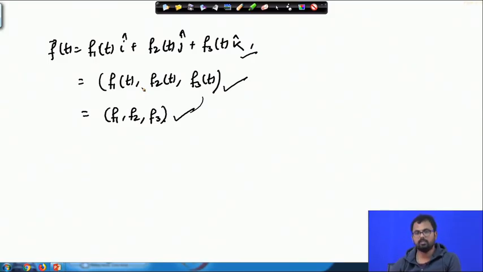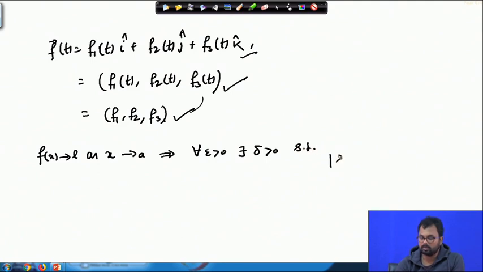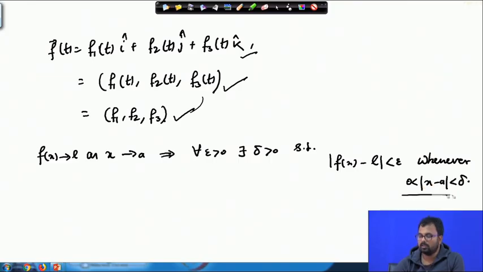The epsilon delta definition for a scalar function is: if f(x) goes to L as x goes to a, then for every epsilon positive there exists a delta positive such that |f(x) minus L| is less than epsilon whenever 0 is less than |x minus a| is less than delta. So, this was our epsilon delta definition for the function of a scalar variable, for f(x) going to L as x goes to a.